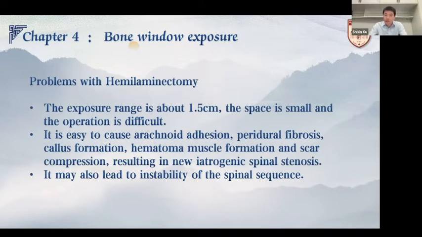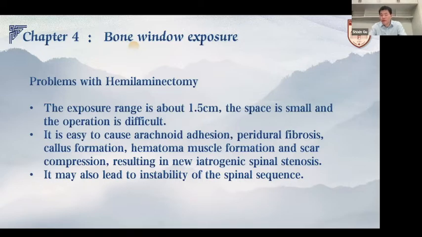Hemilaminectomy is not suitable for all situations, and there are many technical issues that need to be addressed. First, its exposure range is relatively narrow, and the transverse diameter exposure is about 1.5 to 2 centimeters. So the space is relatively small, and the operation is relatively difficult.